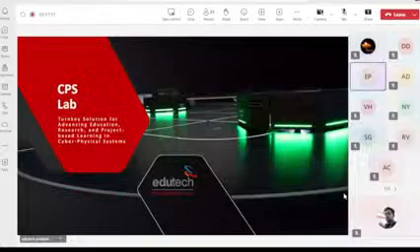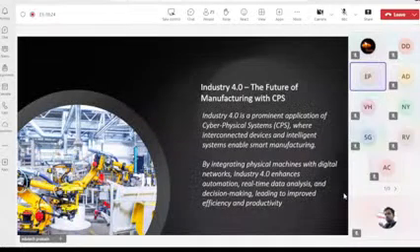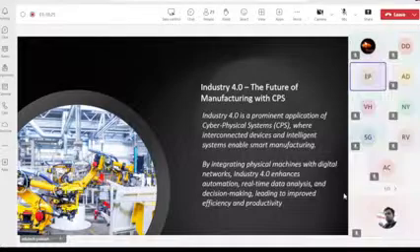Then when we move to interconnected devices, everything is smart enabled.